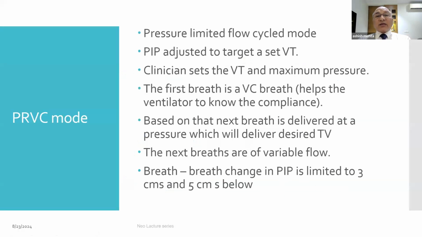So basically, this is a pressure limited hybrid mode where the tidal volume is targeted. The clinician sets the tidal volume and the maximum pressure. The first breath is a volume control breath, as we discussed, and for the next 5 breaths the change in PIP is limited to 3 above and 5 centimeters below.